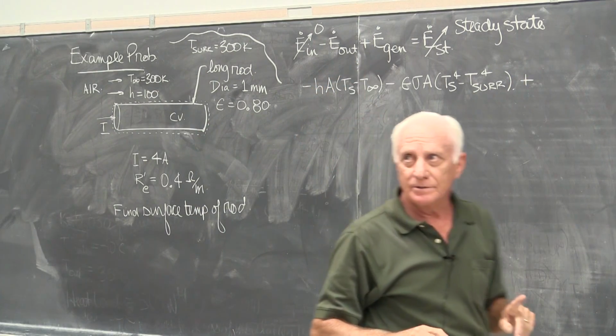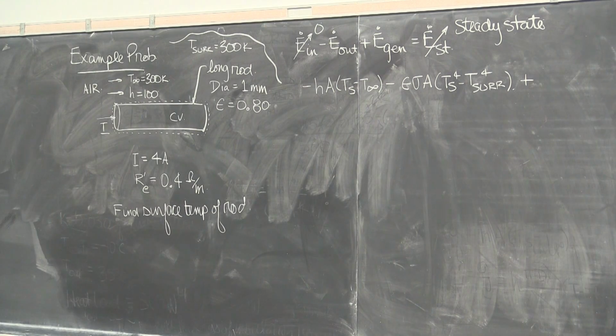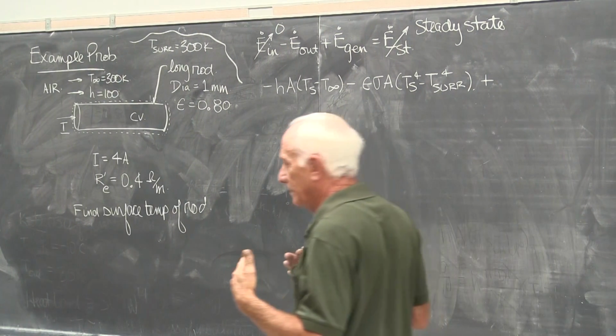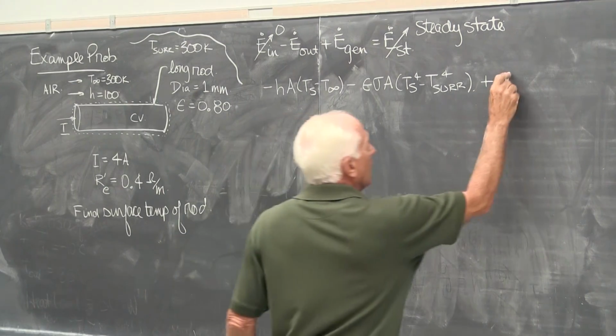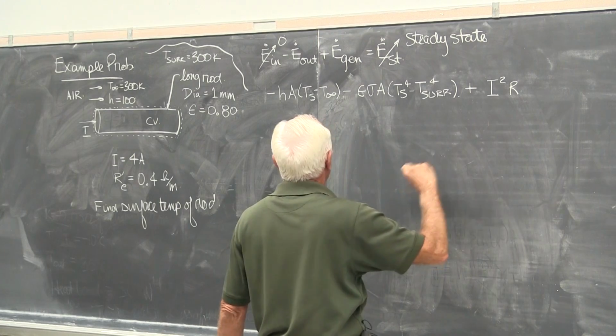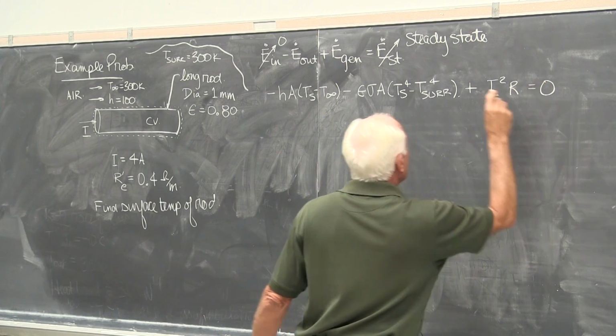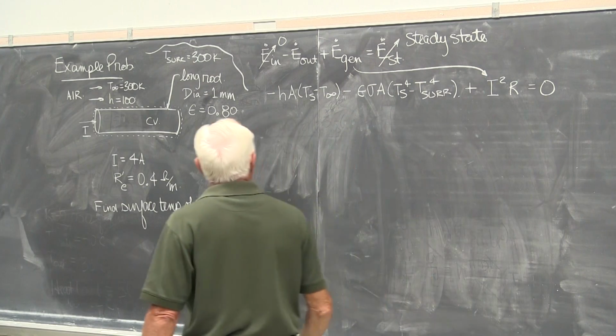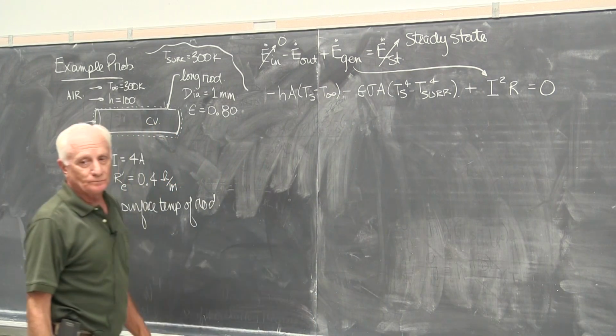The wire generates some energy. Power is I squared R. So I squared R, and that's equal to 0.